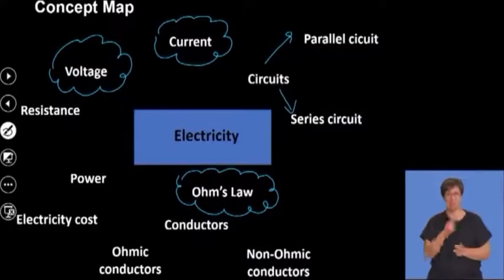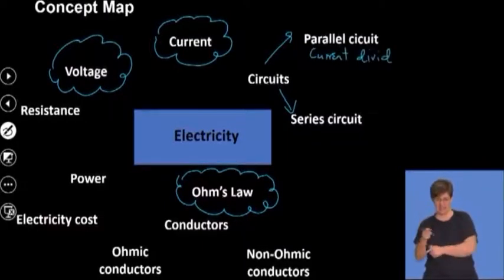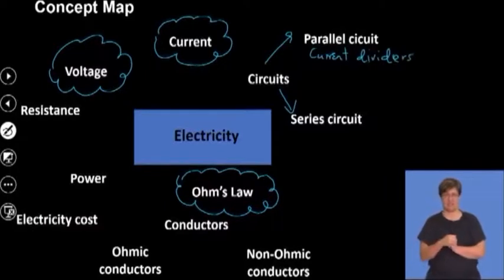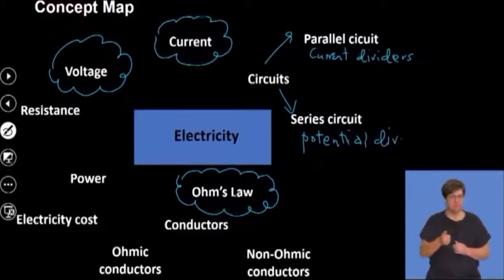Now, if you talk of a parallel circuit, this has to do with current dividers. Okay, the current dividers, very important. Understanding, as well as potential dividers in as far as the series circuit is concerned. Okay, so these are the main ideas.